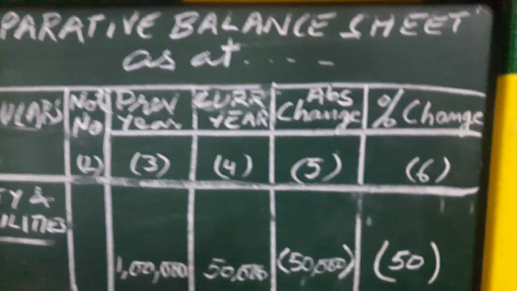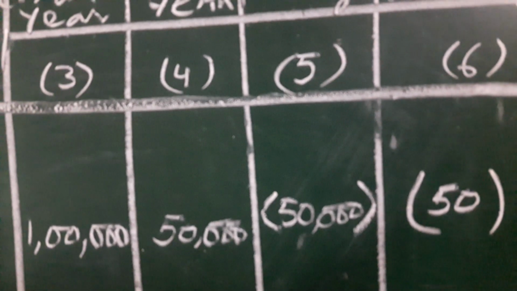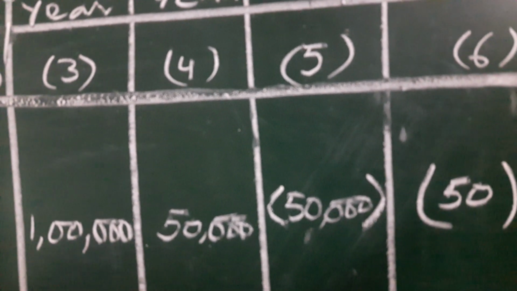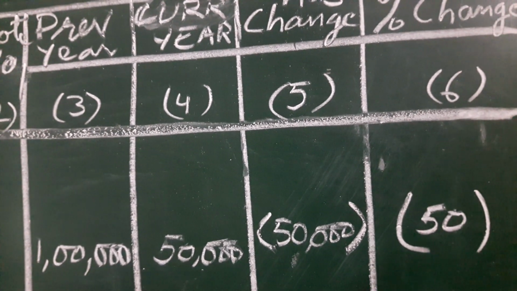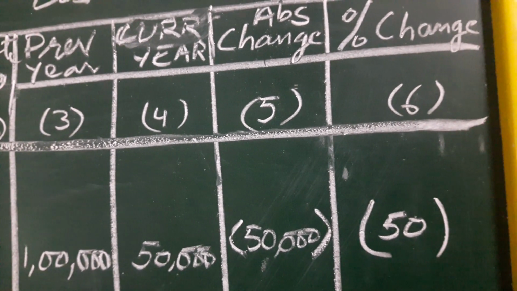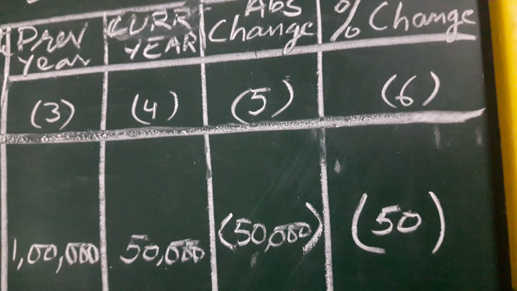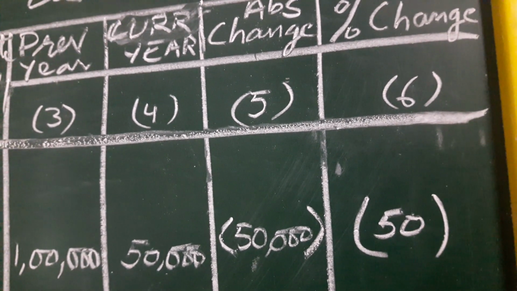Now I've taken a random figure. Let's see, the previous year of any one particular item, I'm not naming it. Suppose the previous year it is 1 lakh and in the current year it is 50,000. That means it has decreased by 50,000. Can you see how we are showing the decrease? By putting a bracket.